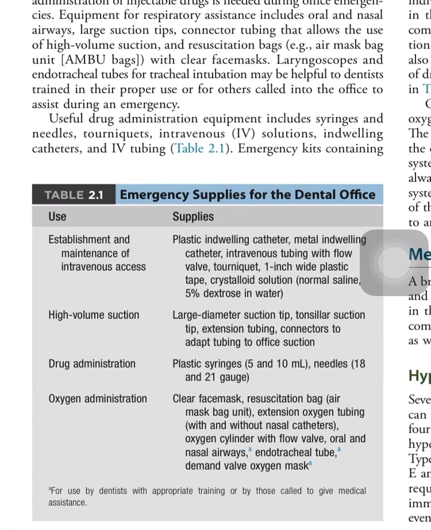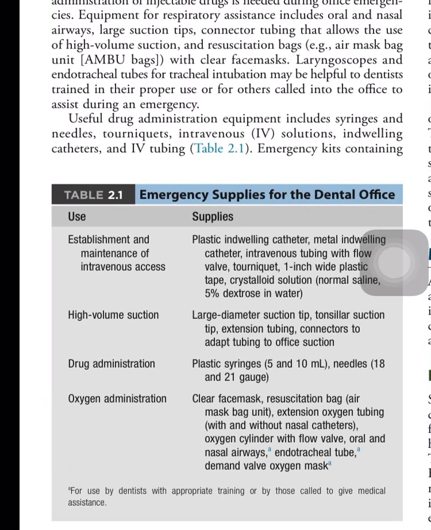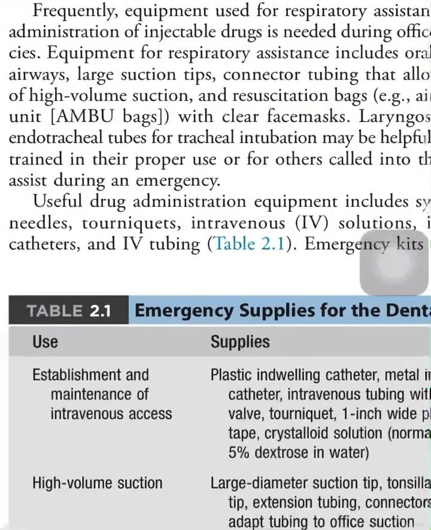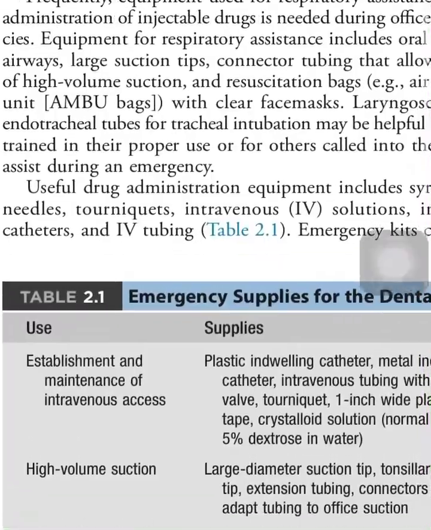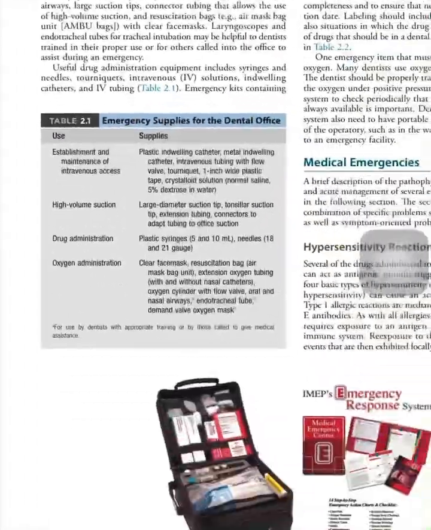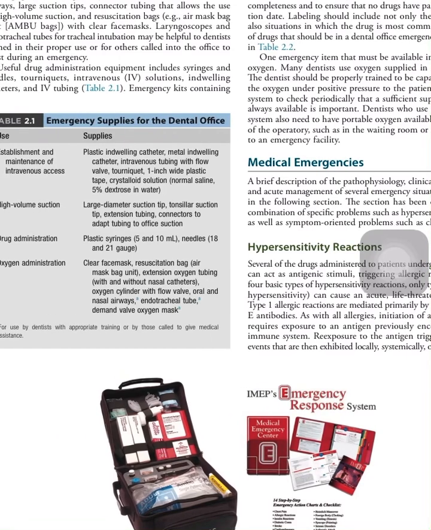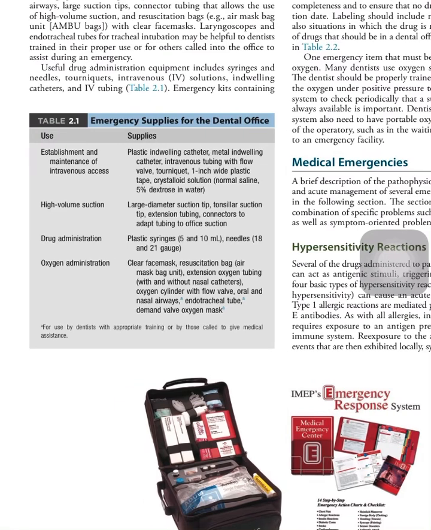Also tips and tubing to clear the mouth and throat. For resuscitation we need Ambu bags, which help the patient breathe, a clear face mask used with oxygen supply, a laryngoscope, and an endotracheal tube. These should be present for a person having difficulty in breathing.